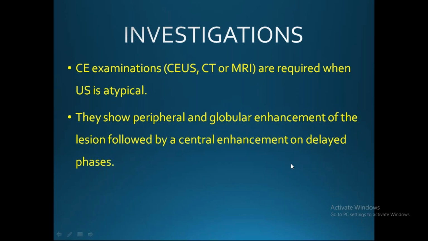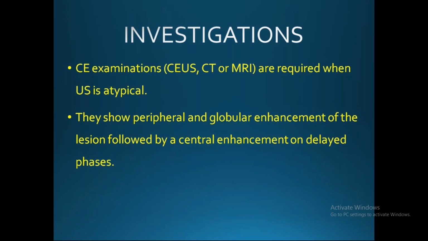Other investigations: you can palpate large hemangiomas on clinical examination, but the more specific and direct investigation is always CT and MRI. They have more specificity, more than 95% chance of diagnosing.